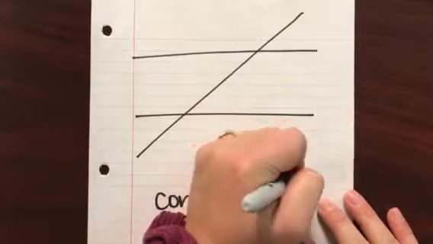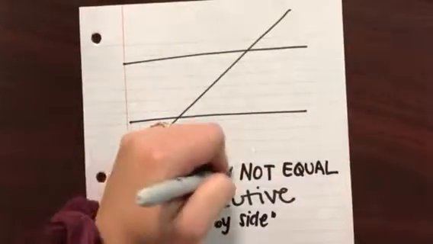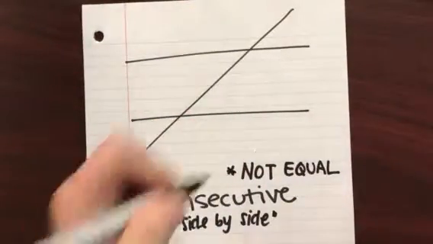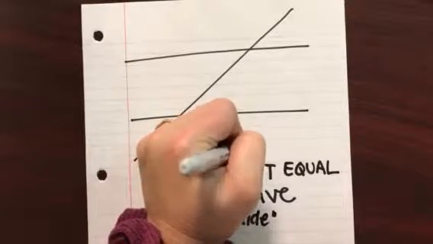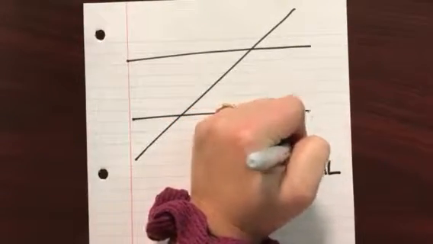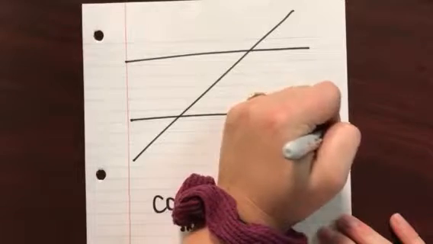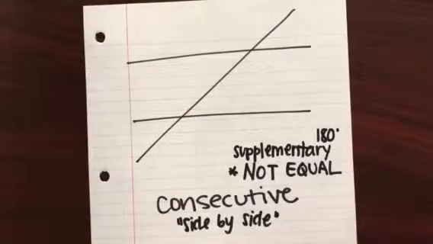Instead, we refer to these as supplementary angles because angle 1 plus angle 2 would equal 180 degrees together. There are several sets of consecutive angles within this one diagram.